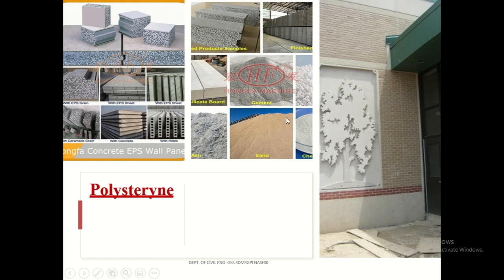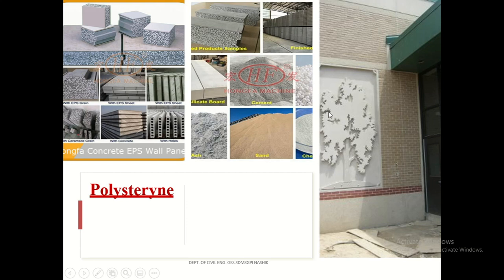All these materials we combine and we get polystyrene concrete, or polystyrene material for wall panels. You can see how fine a cutting of structure we get, and it is made of polystyrene material.